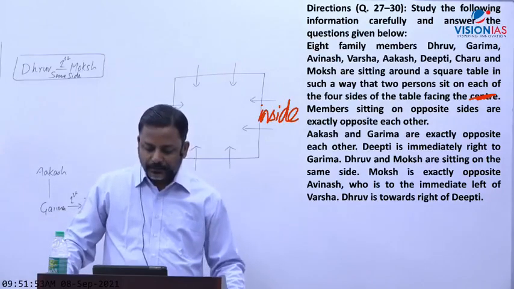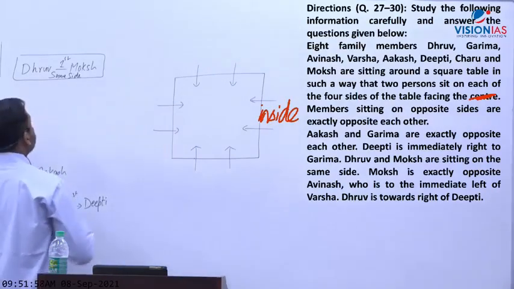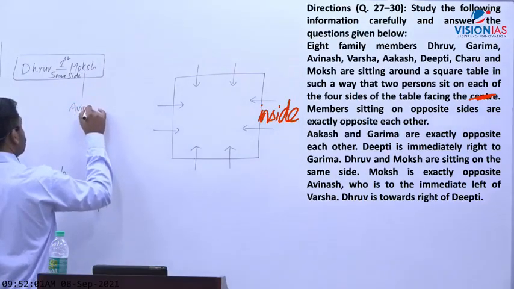Moksh is exactly opposite Avinash. So Avinash is there exactly opposite to Moksh.